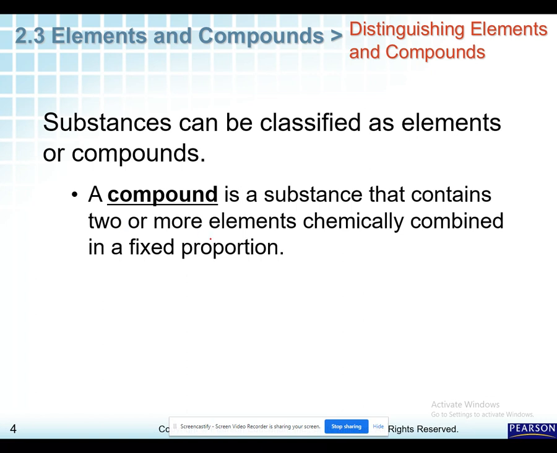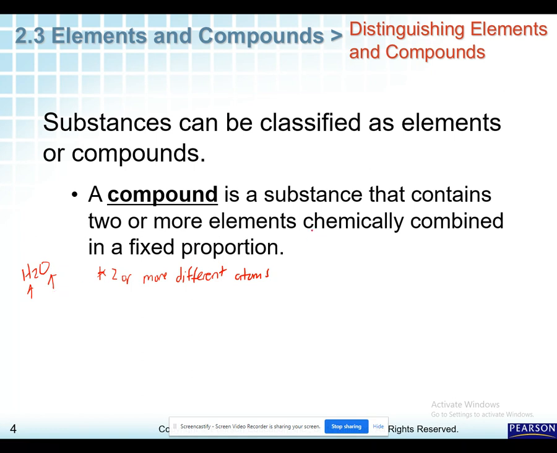It has two or more elements, or I like to say two or more different atoms. A common compound that you might know is H2O. Water, H2O, is made up of two elements: hydrogen and oxygen. Those are the two elements, and they're different.